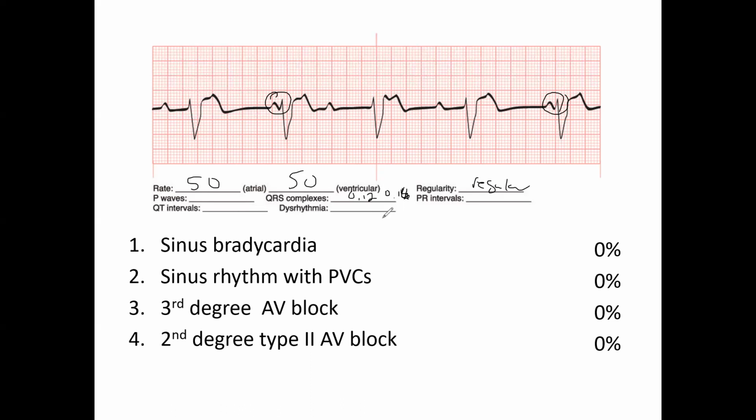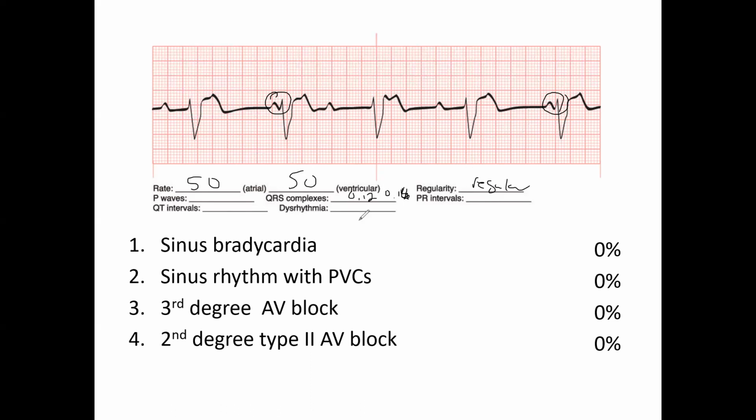The QT interval would be relatively within range if we're looking at that. And our PR intervals, they're not consistent from beat to beat, but now we've got to decide.